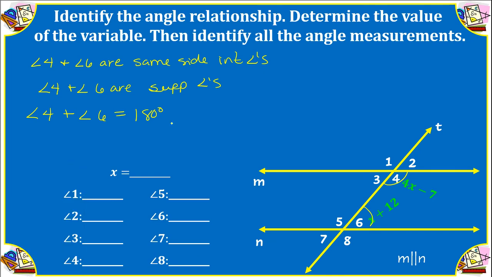Okay, so let's substitute in 4x minus 7 plus x plus 12 is equal to 180. We're going to combine 5x plus 5 equals 180.